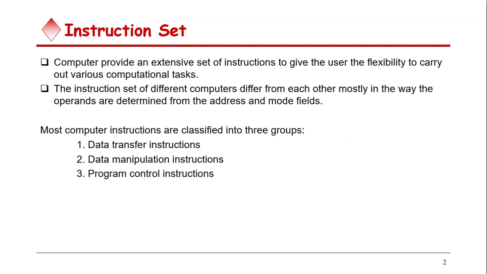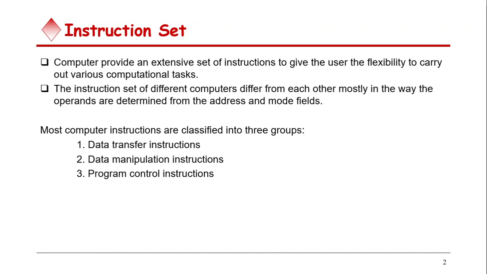Almost every computer has some unique instructions which attract the programmers. And the computer architects give considerable attention to the framing of the instruction set since it involves both the programmer and the computer.